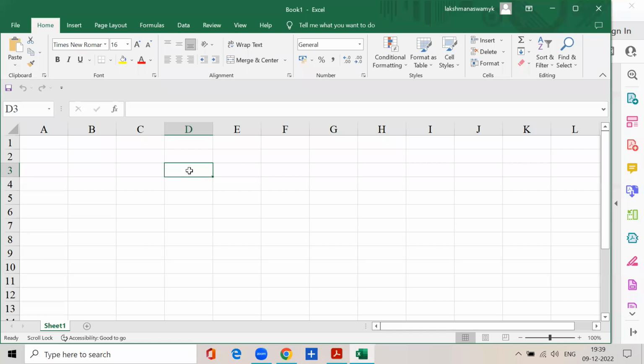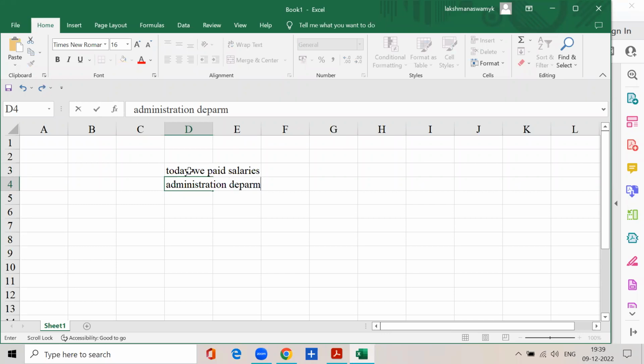See, for example, today we paid salaries like administration department 5 lakhs.